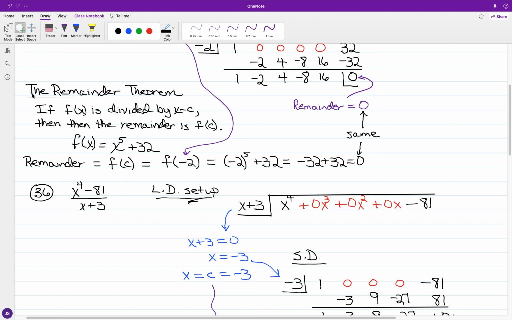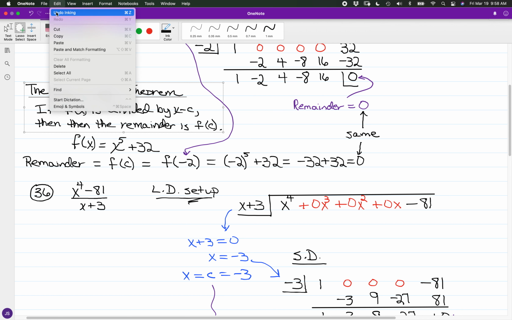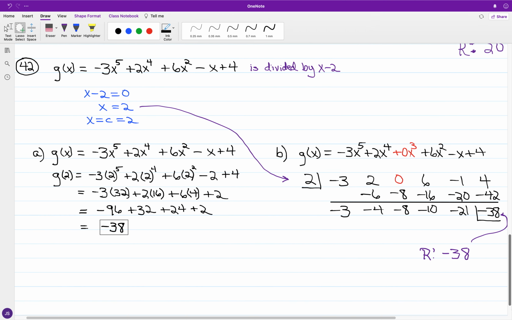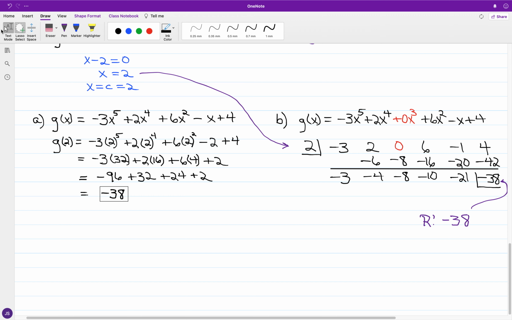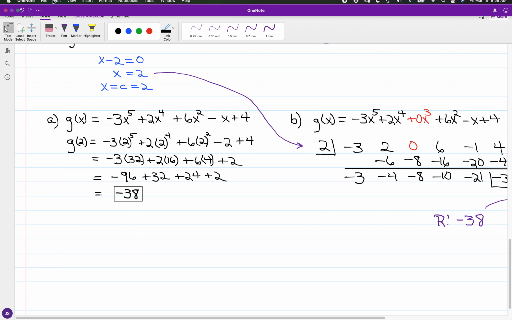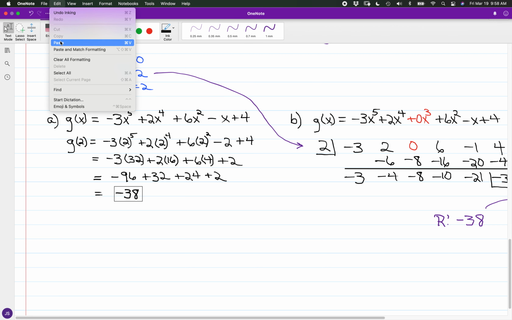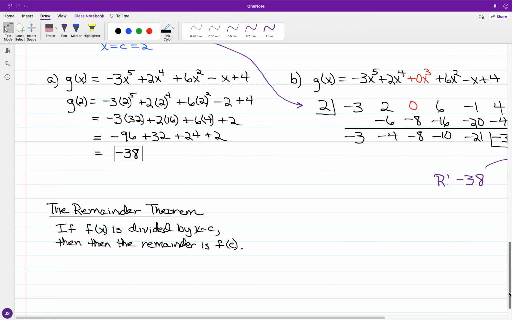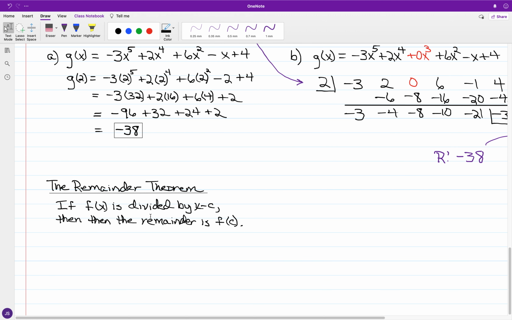Taking what we have regarding the remainder theorem: if f of x is divided by x minus c, then the remainder is f of c.